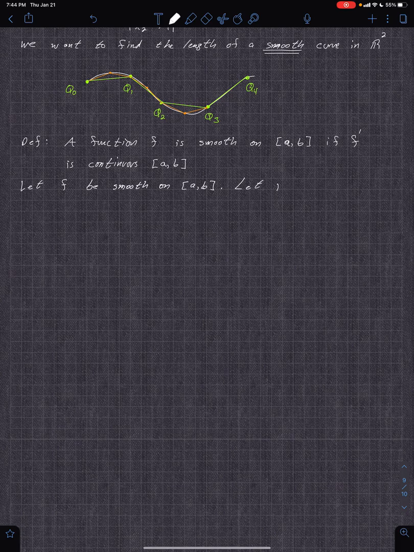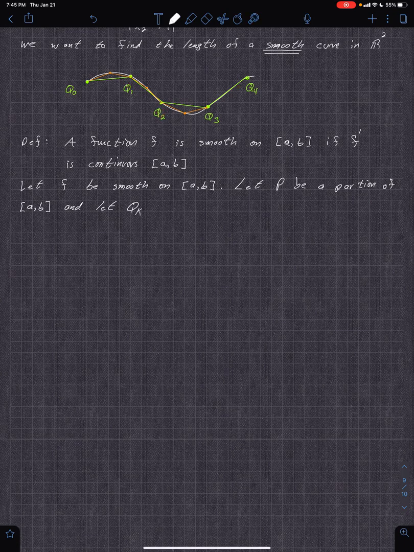Let P be a partition of AB, and let Q sub K be one of these arbitrary ones.